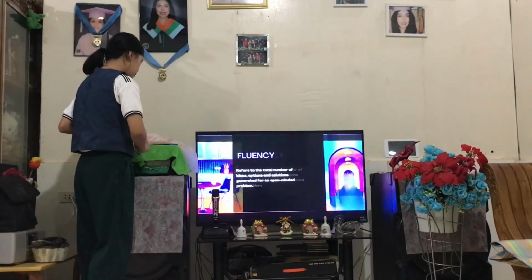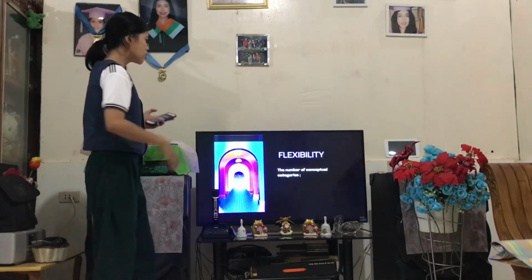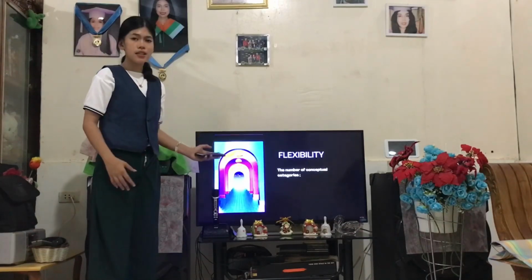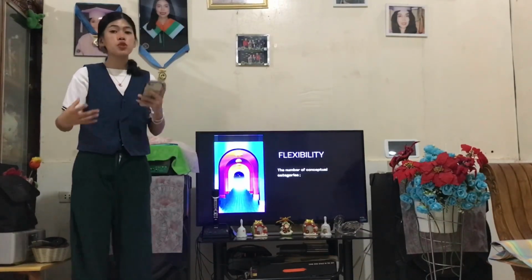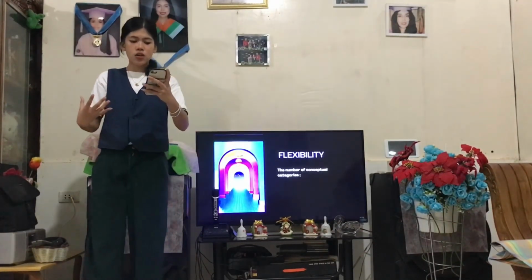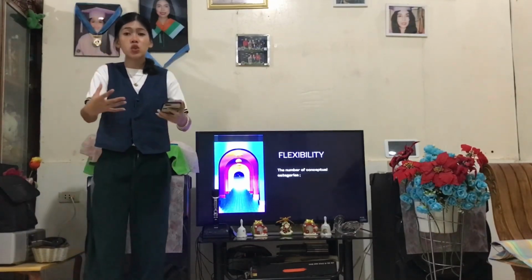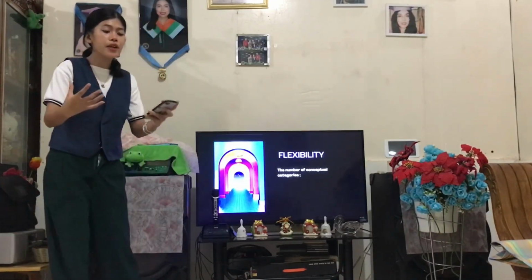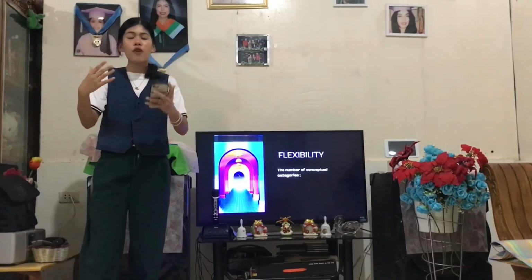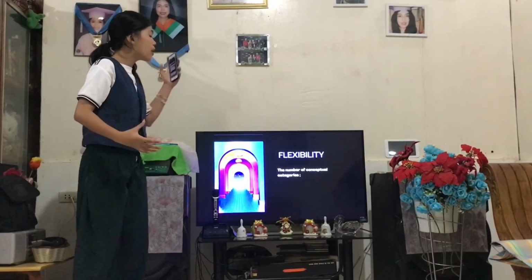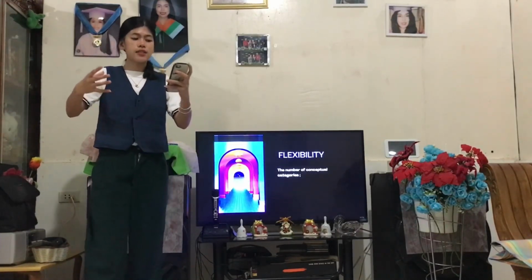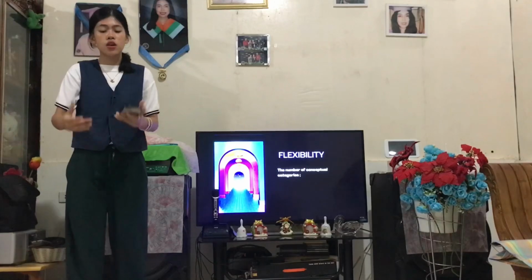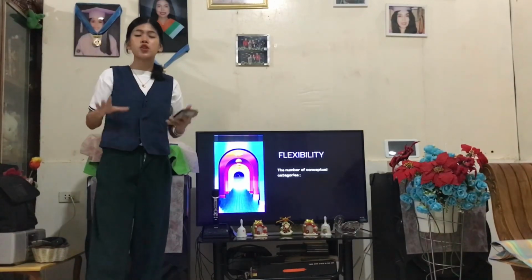So next, flexibility. Flexibility is the number of conceptual categories. It measures how varied these ideas are across different categories or perspectives.